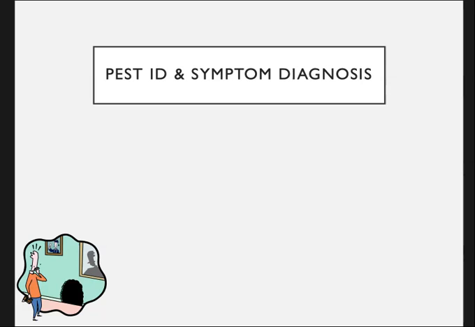So some of the things that make pest ID particularly challenging is the fact that pests may no longer be present when you go to monitor. And then you're left with trying to identify a pest based solely on symptoms that are present or signs of damage, like this guy here, trying to figure out what could be causing this giant hole in his wall.